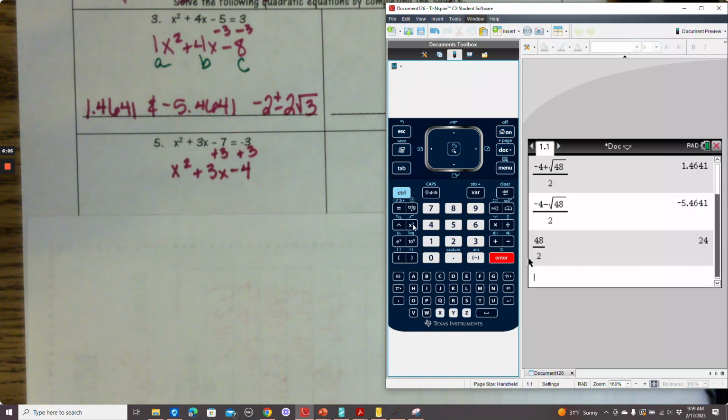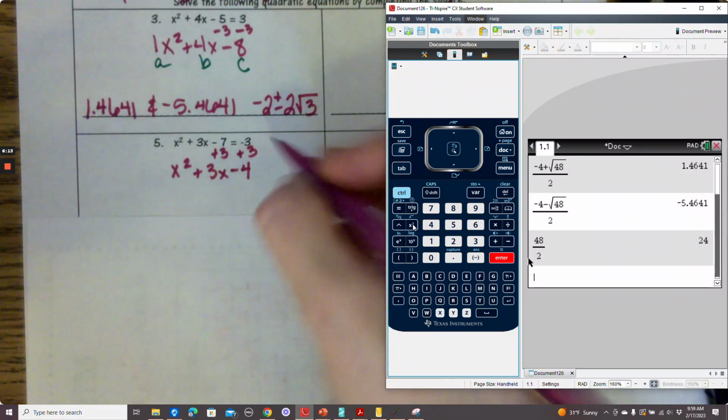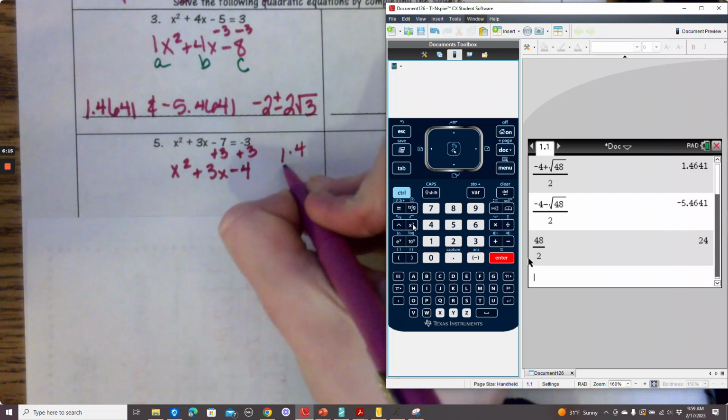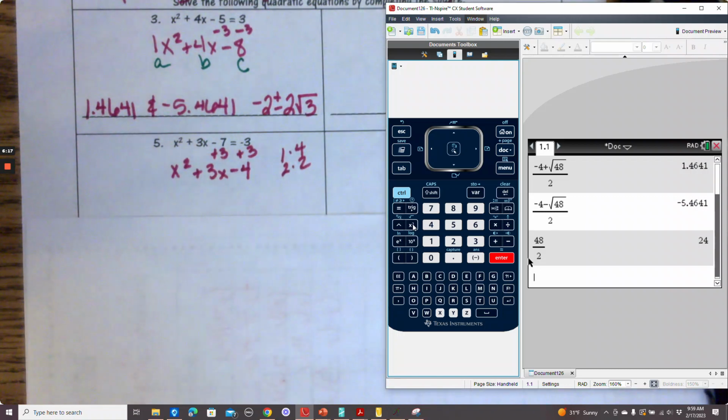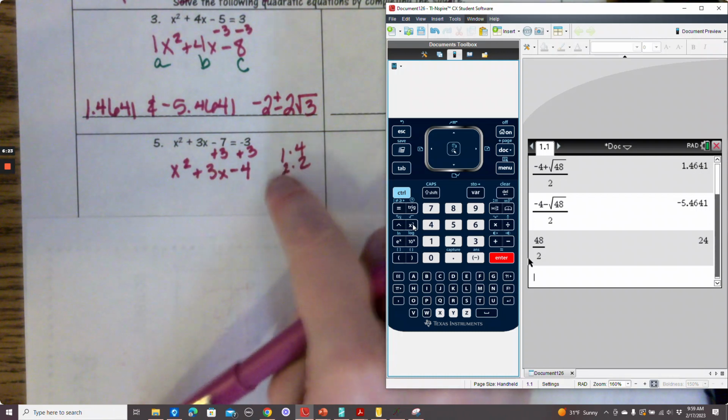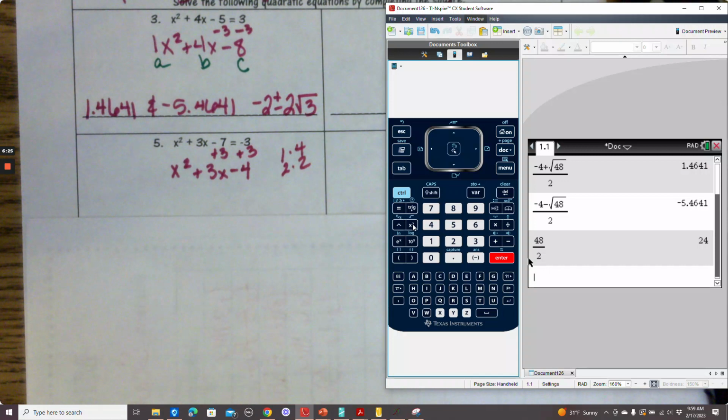Would that give me a perfect square? 1 and 4. I could factor it, though. If I factor it, 1 times 4, 2 times 2, it wouldn't be a perfect square because I can't use the 2's. That's kind of how you know. If you can use the repeat, then it's a perfect square.